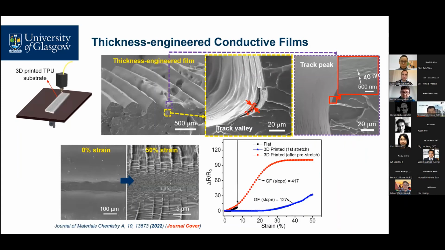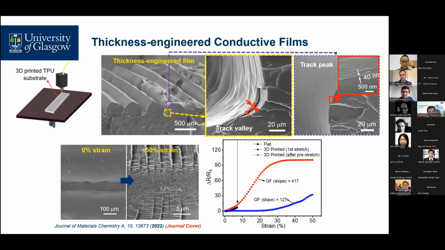In another example, recently we worked with microcrack sensors to tune the sensing performance. For example, in the case of silver nanowire sensors, the sensitivity was low, so we were not able to detect very tiny movements. So here we work with engineered substrates.